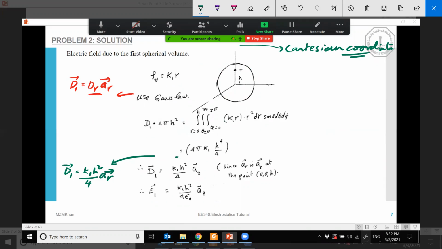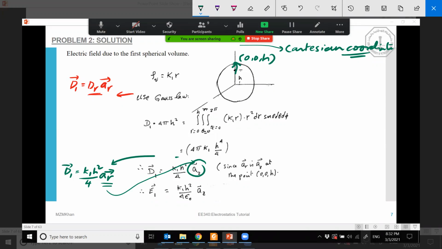What my question is, at this point 0, 0, h, what is the electric field of this spherical volume, only here. We don't want a generalized expression. This is a generalized expression where r can be anywhere. We want only this direction, which should be along az.